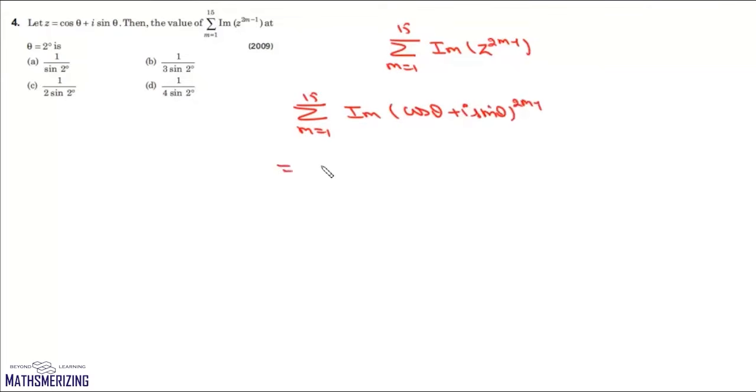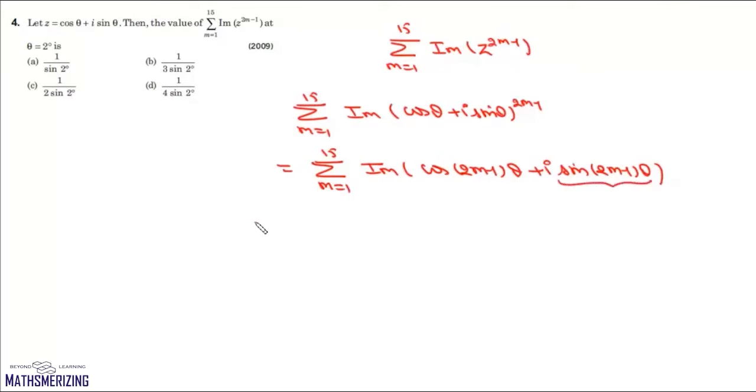Now using De Moivre's theorem, we can write this as summation m varies from 1 to 15 imaginary part of cos 2m minus 1 theta plus iota sine 2m minus 1 theta. Now its imaginary part is sine 2m minus 1 theta.